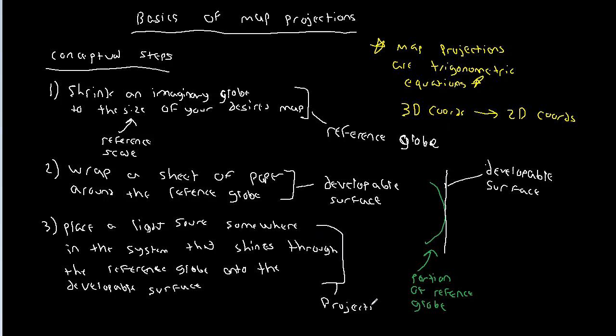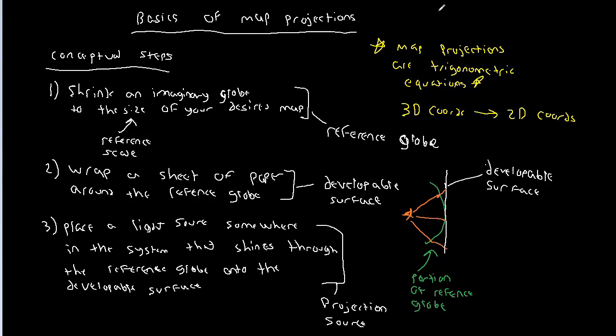If I make the projection source in this case orange, I'll put a star here. The projection source is going to shine through the reference globe onto the developable surface.